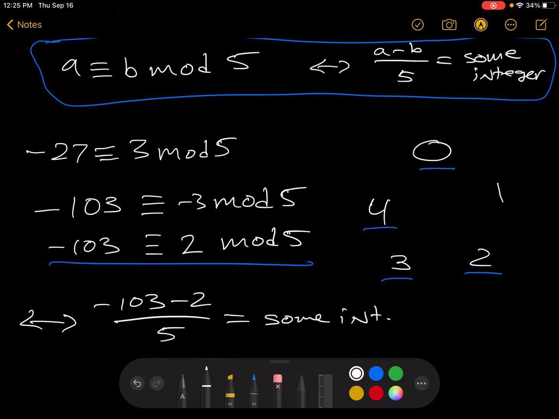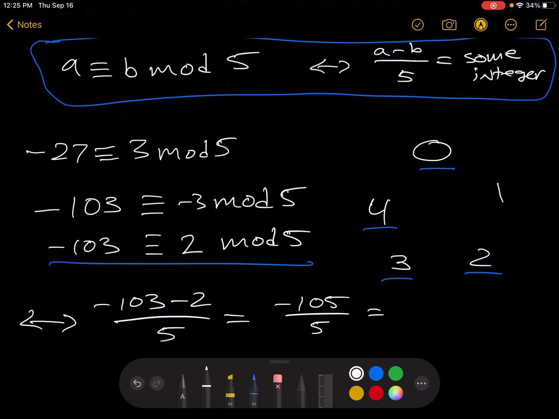Well, does it equal some integer? Let's do the math. This would be negative 105 over 5, which would be negative 21. But you don't even really need to do the math. All you need to know is that it's some integer.